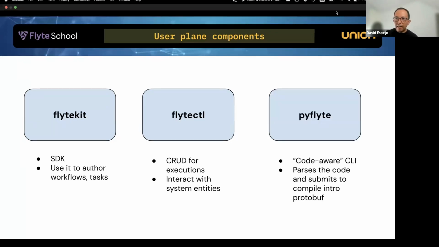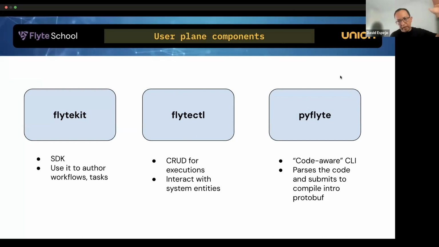With Pyflyte, it's different. If you take a look at the getting started guide, or if you're already familiar with Flyte, probably you already use Pyflyte, especially at the beginning. This is the code-aware CLI because it's not only interacting with the system, but it's responsible for compiling your actual workflow and task definitions into protocol messages using a component that we will see in a little bit.